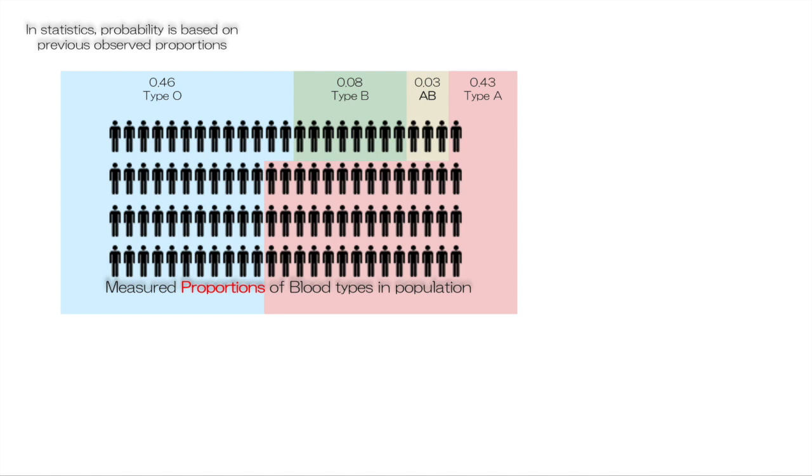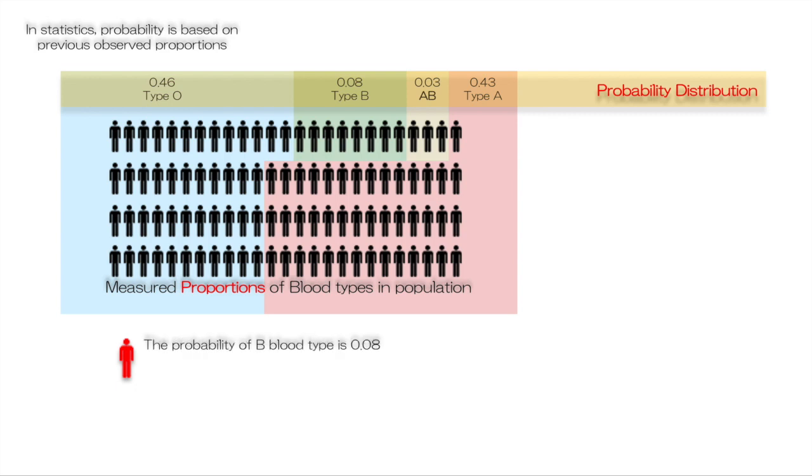And if we know these proportions in the population and we have a person that we don't know the blood type of, we can also, based on our observation, say what the probability of the blood type of this person is. For example, the probability of the B blood type will be 0.08 or 8% of having this type of blood.